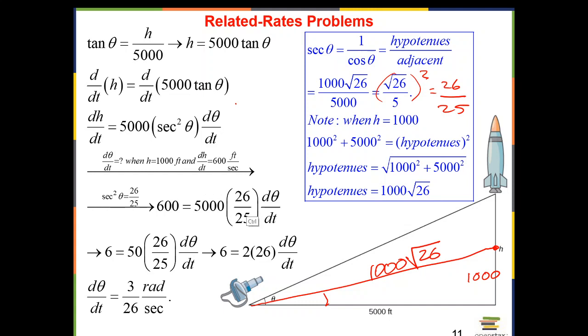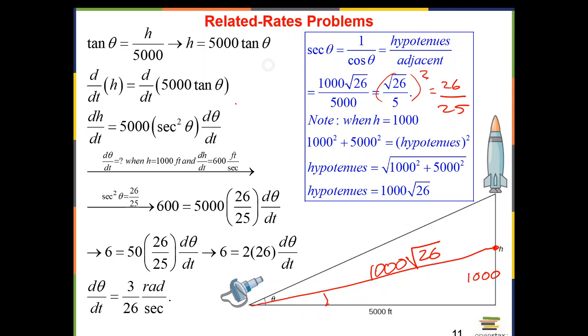So we put 26 over 25 here. Now we have only one unknown, we isolate it, and we get 3 over 26 radians per second. And remember, in calculus with trigonometric functions, we use radian units, not degrees, unless you have a conversion factor.